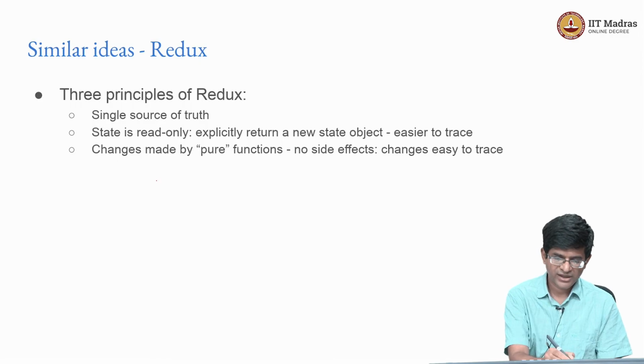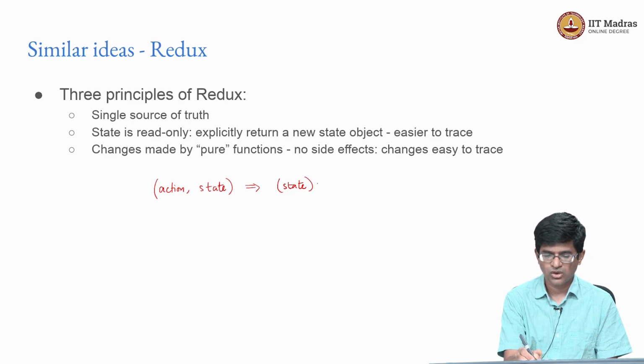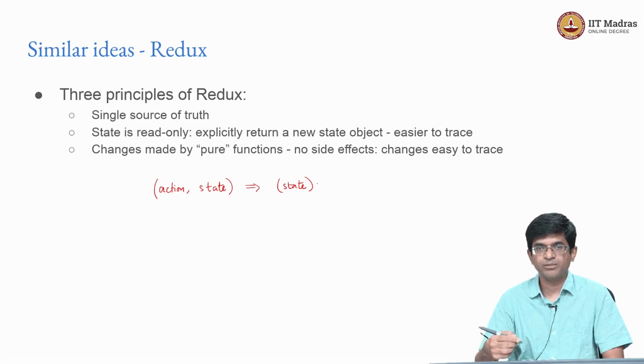Which means that you can effectively have this notion that I give it an action or a function to call, I give it the present value of the state, and this in turn returns the new value of the state. This is essentially how the computation can be expressed mathematically or as a computer science function.